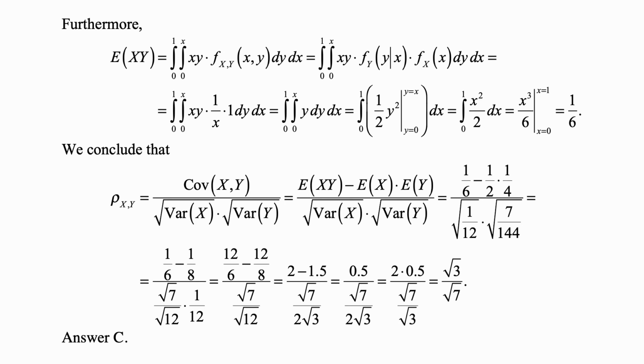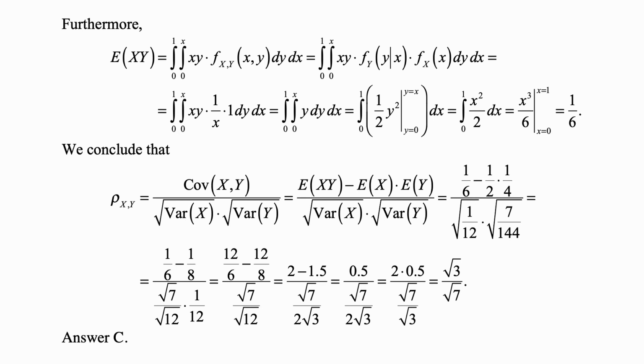Furthermore, E of xy is the integral from 0 to 1 of the integral from 0 to x of xy times the joint density, which is xy times f sub y of y given x times f sub x of x, dy dx. And then that becomes the integral from 0 to 1 of the integral from 0 to x of xy times 1 over x times 1, dy dx.